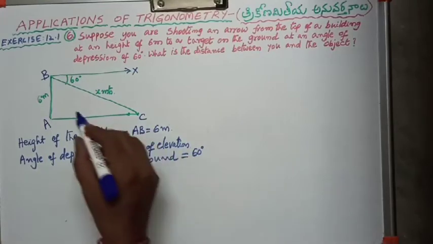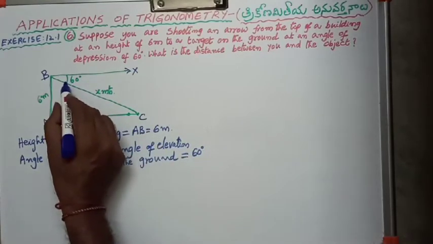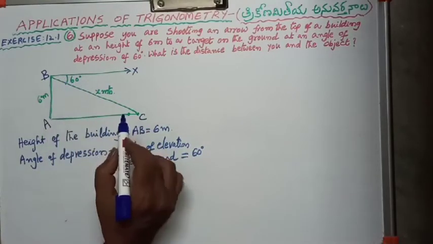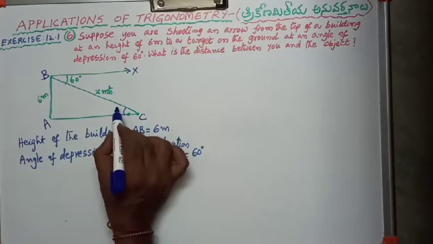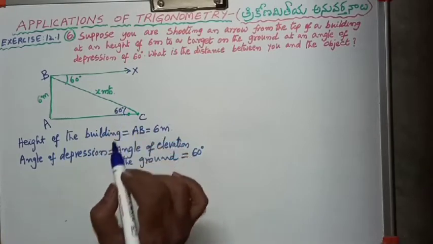So this is the angle of depression, and this is equal to the angle of elevation to the ground, like this, 60 degrees.